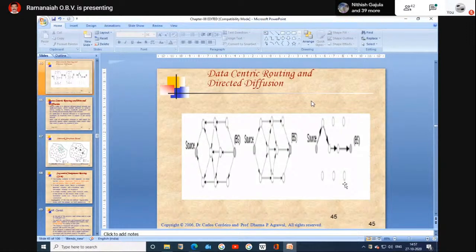And what is the importance of the third diagram? In the second diagram, the paths are established from multiple sources to the single sink. But if there are multiple paths, what is to be done? So the data source has to pick the best route based on the shortest path, based on certain criteria.